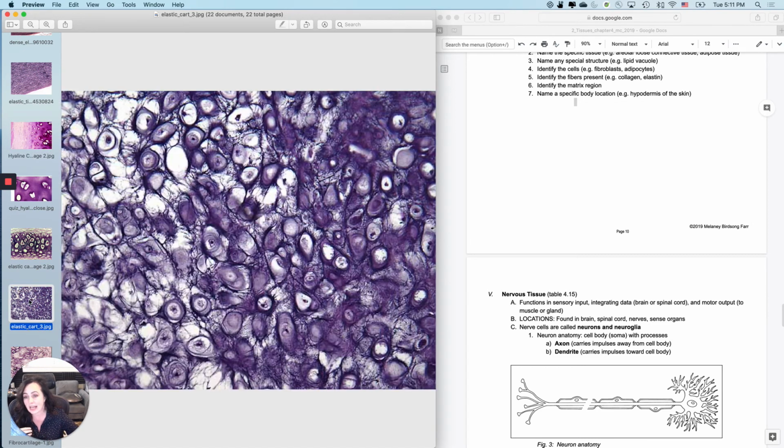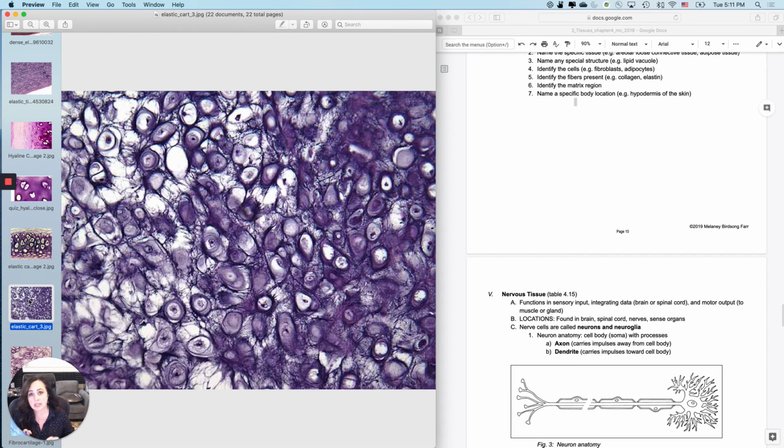How about elastic cartilage, the pinna of the ear? So you have to be able to tell me a specific body location. And again, because I didn't make you memorize all of the locations, that will not be a multiple choice question. That will be a written question, because I don't know which ones you are going to memorize. But make sure, again, that you are specific enough that you get me, Magic School Bus, right to the proper location. Okay, so those are your pointers.